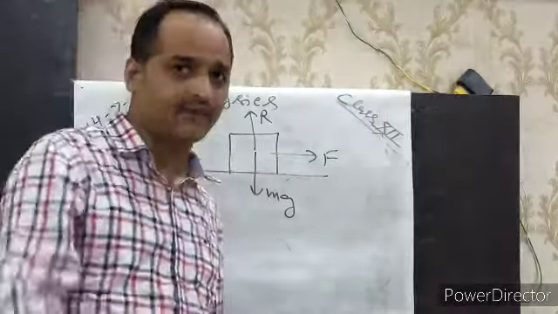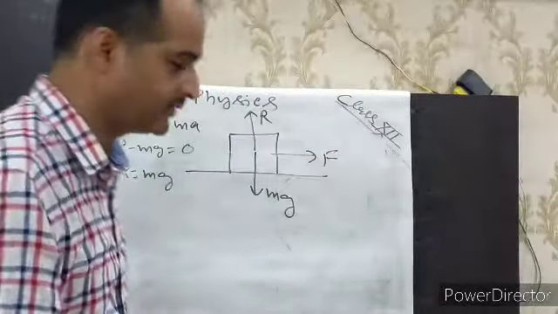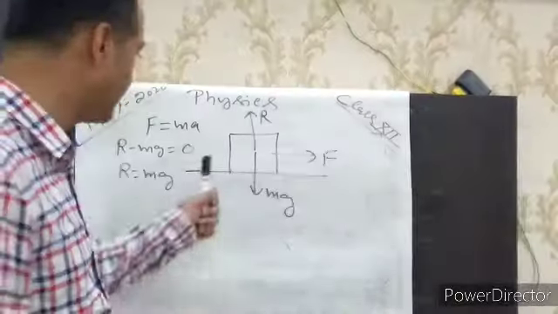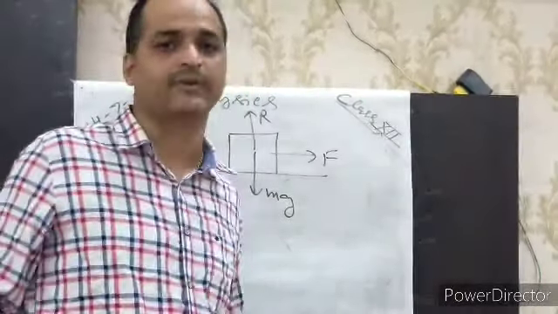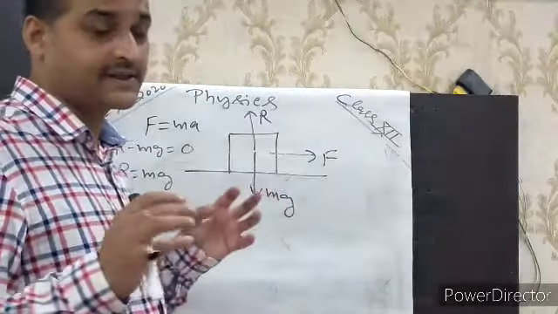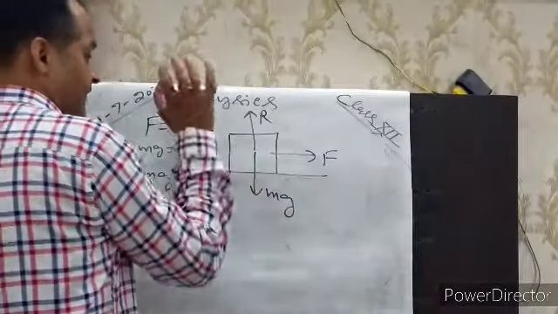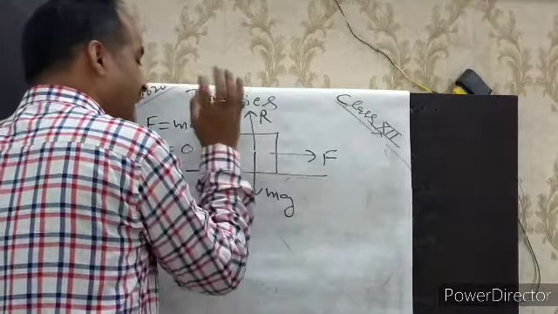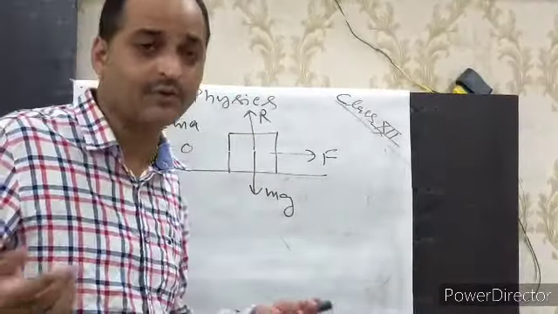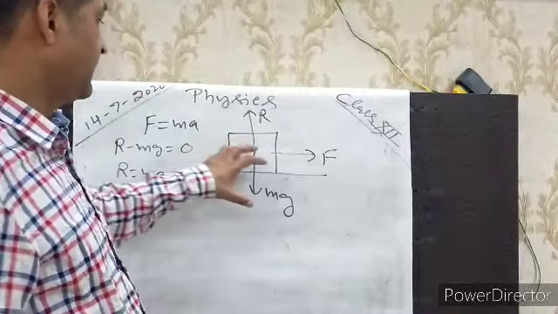That's why it is not moving in the vertical direction, neither up nor down. Now we have applied force in this direction, then it must move in this direction, but it is not moving. Which force is trying to keep it at its own position, and from where is this force coming?